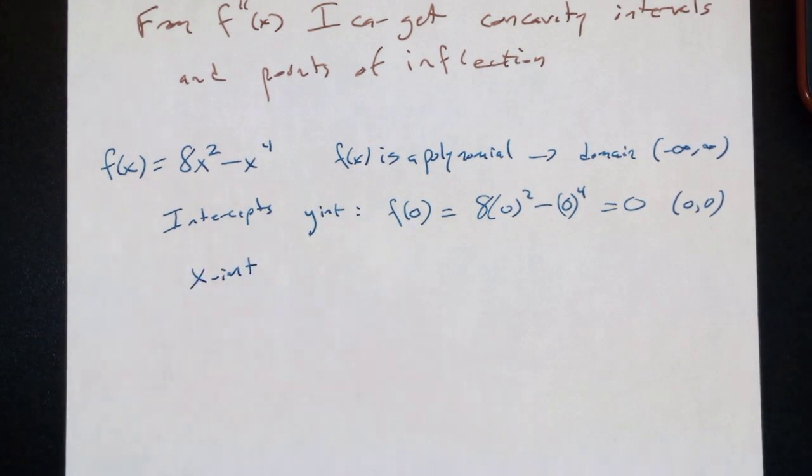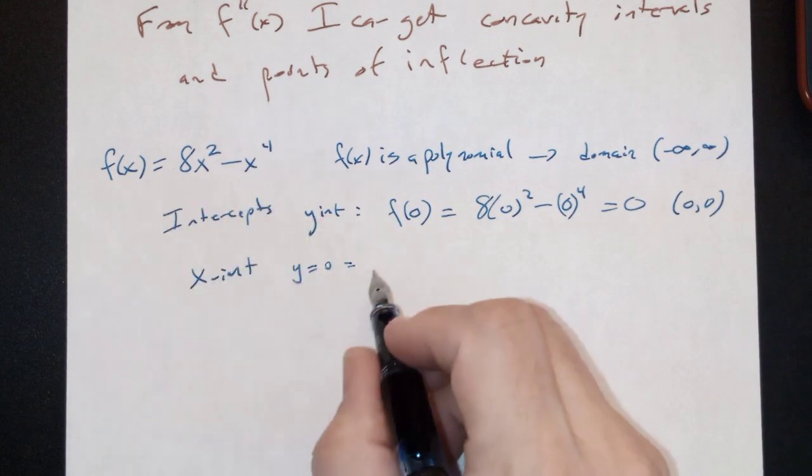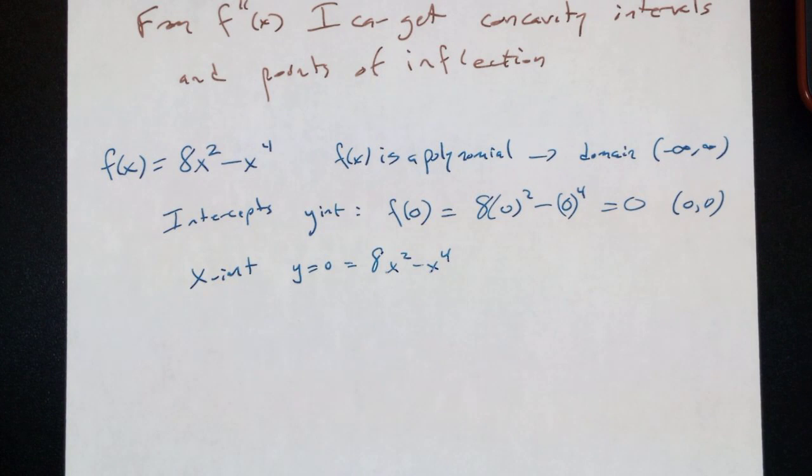To get the x-intercepts in general, I set y equal to 0. Y is the output. So I need to solve that equation. This happens to factor.